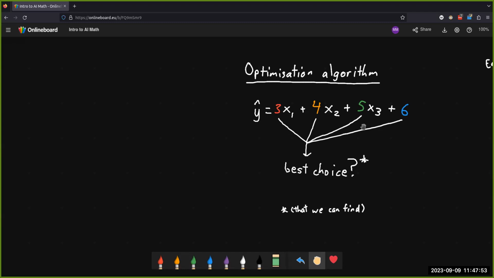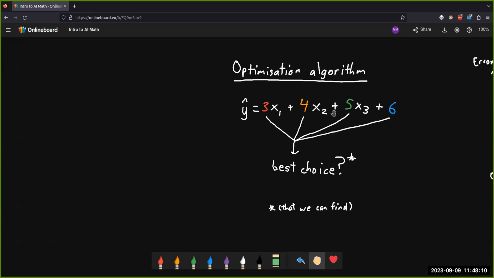Right now, I have three variables. In real AI problems, there are more like hundreds, thousands, tens of thousands of variables on this side of the equation. So you could keep extending, like plus x4 plus x5 plus x6 plus x9861.